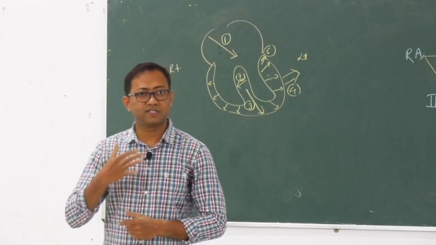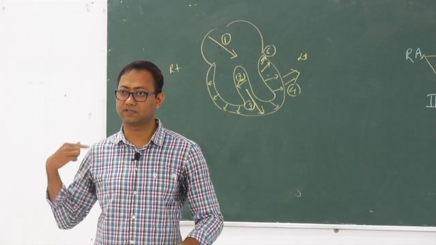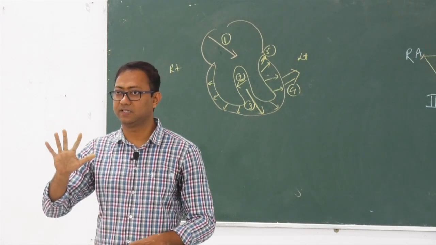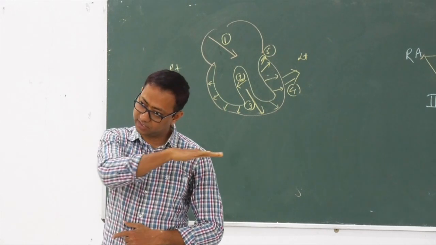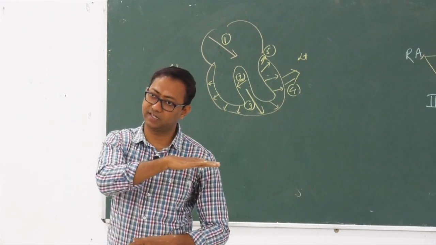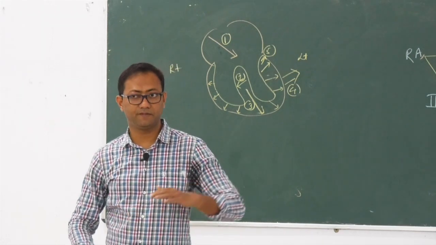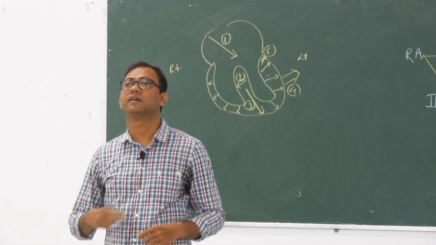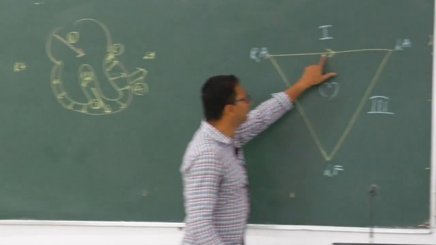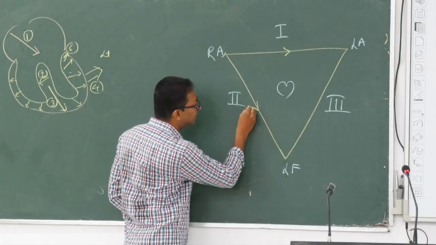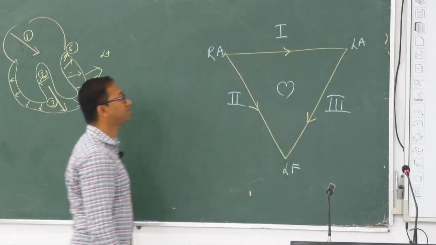So my lead 1, consider myself a patient. So my lead 1 is this connection, right? Any electricity, if it passes in this direction, it will give a positive deflection. And any electricity, if it passes in this direction, it will give a negative deflection, right? So this is lead 1, this is lead 2, and this is lead 3.